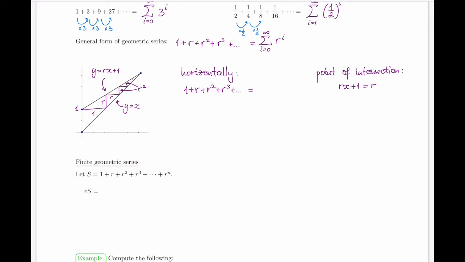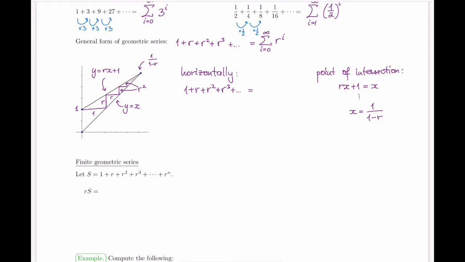Sorry, not rx, just x. And now I can solve this for x. I'm going to skip the solving steps because they're pretty trivial, but what I'm going to see at the end is that x is equal to 1 over 1 minus r. So this is the x-coordinate of this point. Let me write this down. The x-coordinate here is 1 over 1 minus r.